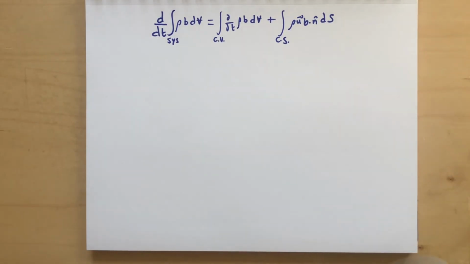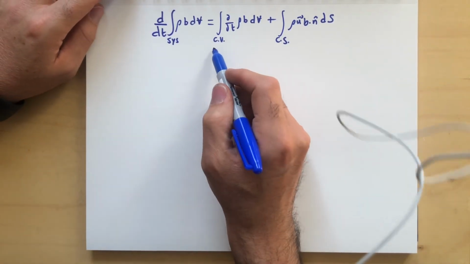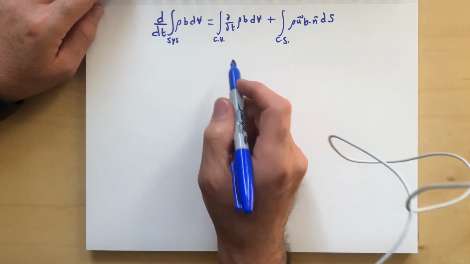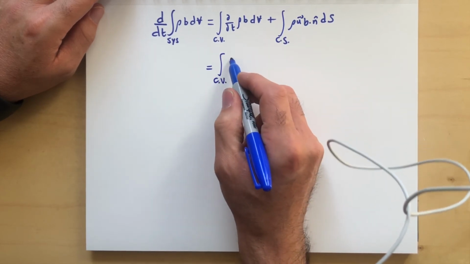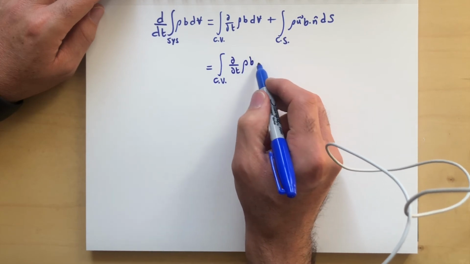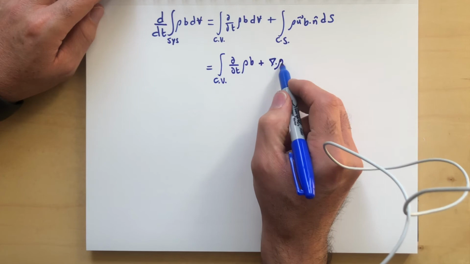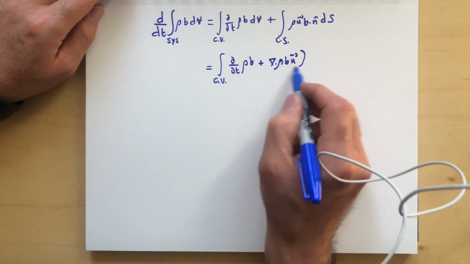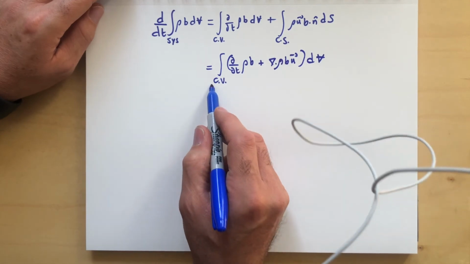Okay, so the problem with this integral is, although we can turn this right-hand side into a volume integral over the control volume, you get d by dt rho b plus div rho b u dv.